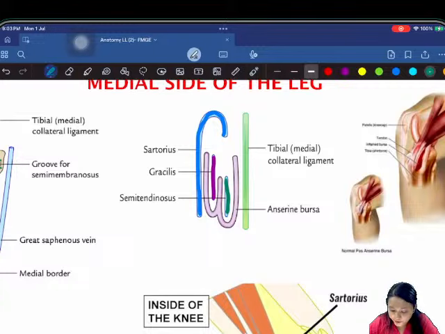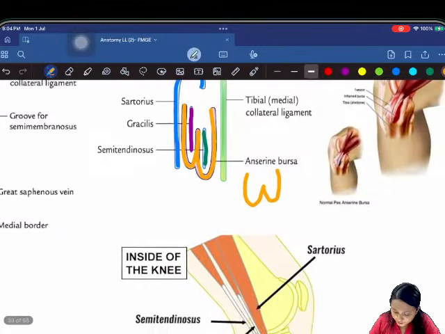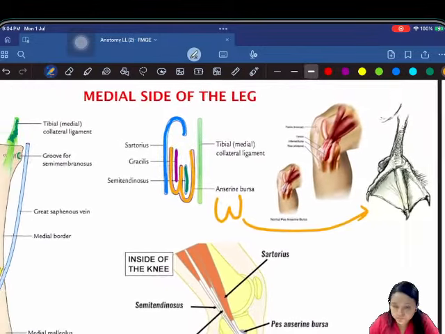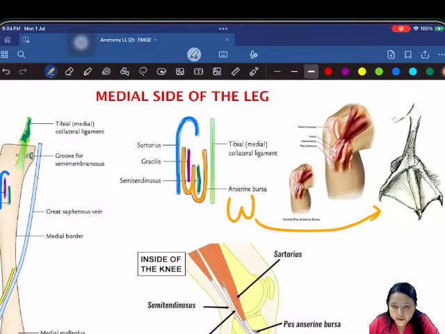इनके बीच में you have a bursa. Let me draw with some other color. Okay, let me draw with yellow color. So you have this bursa. The shape is in this way, and this is a shape of goose foot. ठीक है, it is like a goose foot.